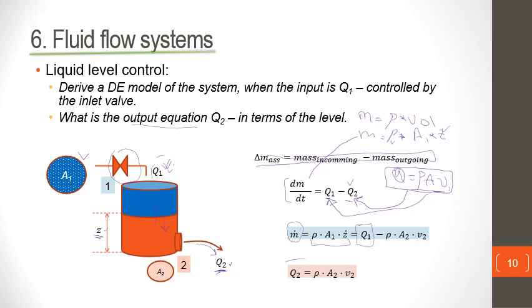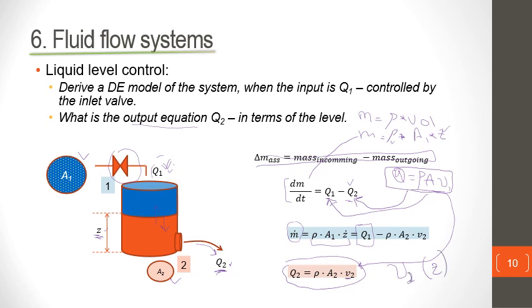But Q2, from the relationship I established, should be equal to rho times A2, the cross-sectional area of the small outlet, times the outflow velocity V2. But we have already established that V2 has to be related to the height of the fluid in the tank.